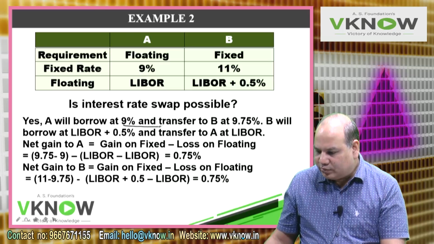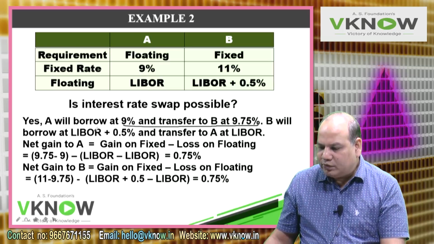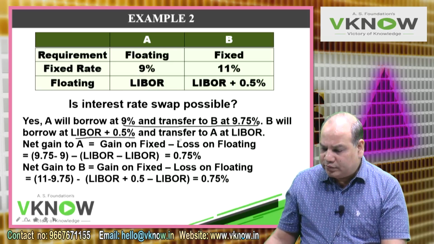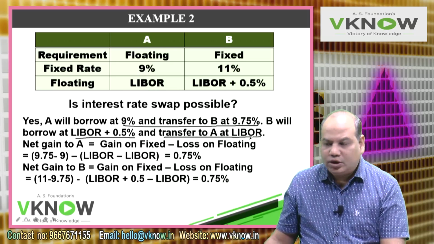So in this deal, A gains 0.75. B will borrow at LIBOR plus 0.5 and transfer to A at LIBOR.